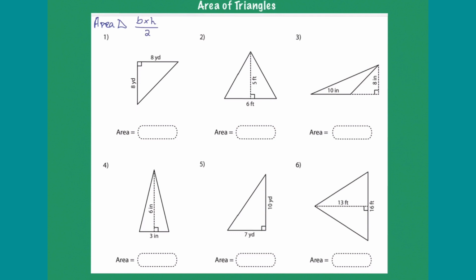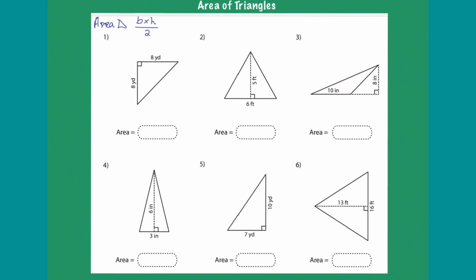Okay, so this is your base of your triangle and this is the height of your triangle. So base would be 8 and your height will also be 8. So 8 times 8 divided by 2 will be the answer to number 1.